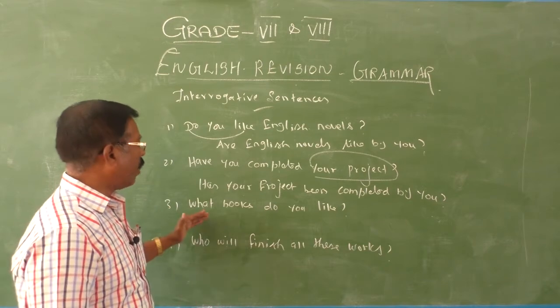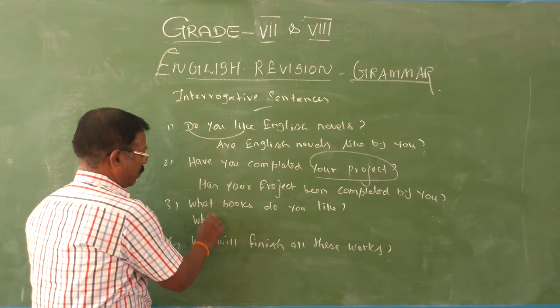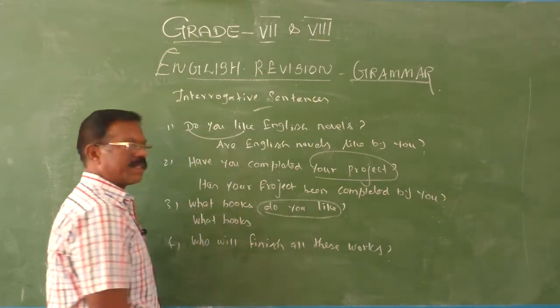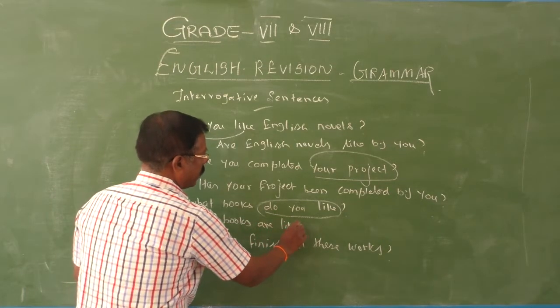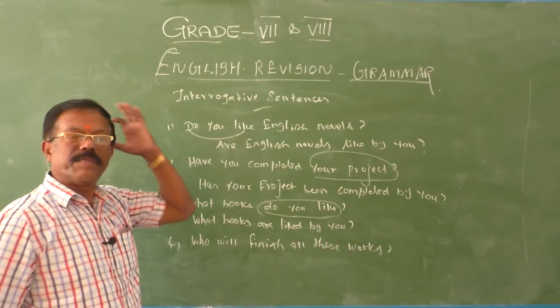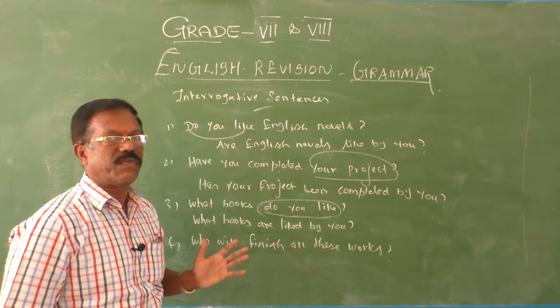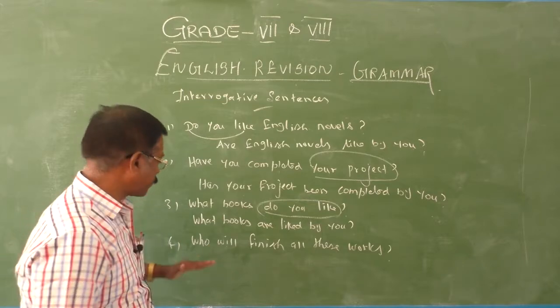What books do you like? Do plus like is simple present. What books are liked by you? Here you are changing the sentence into passive form and the passive sentence is in the form of a question.